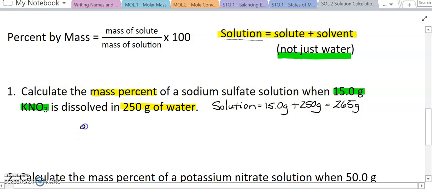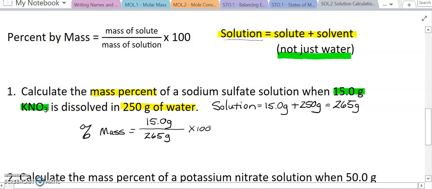So if I'm going to look at percent by mass, I am going to take this 15 grams of what I am dissolving, which is my solute, and I am going to divide it by this 265 grams, which is the mass of the solution that I'm making. And then it is a percent. And if it is a percent, I am going to take it times 100.